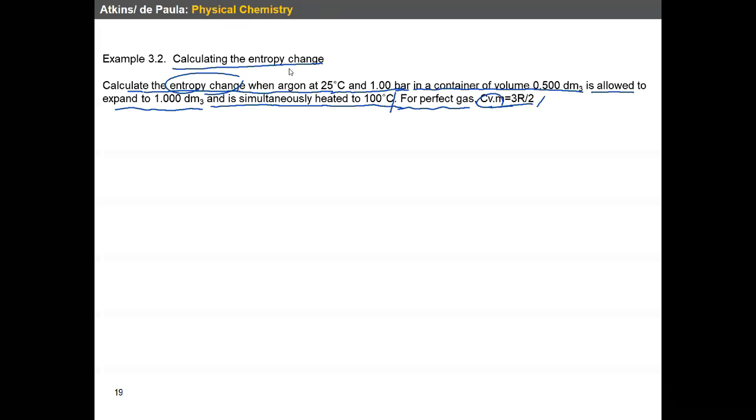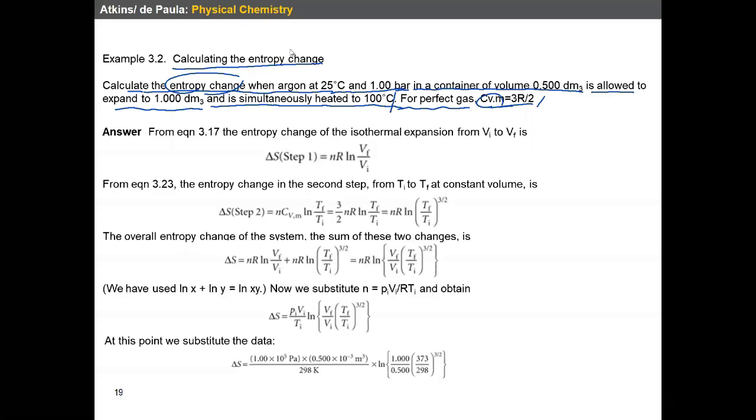Okay, so let's solve together. What is the hint for this example? First, this is a perfect gas.